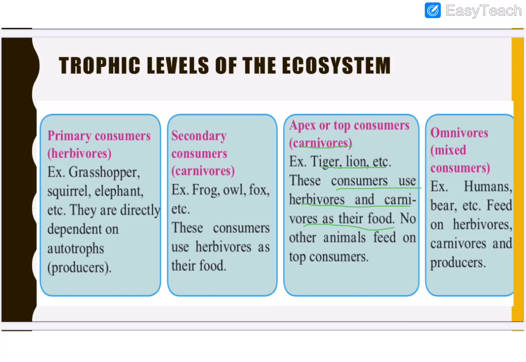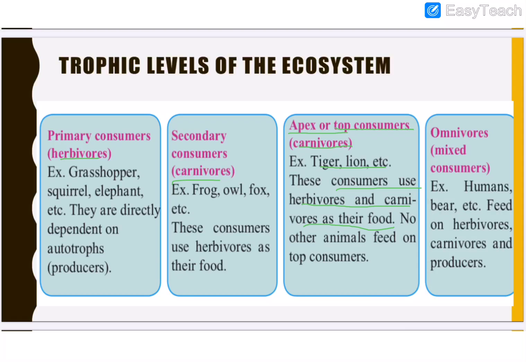Tiger and lion are top consumers or apex consumers, meaning they are the end of the food chain; they are not further eaten by any consumers. Tiger and lion eat both the elephant and fox, deer, so they eat both herbivores and carnivores. So the top consumers, for example tiger and lion, eat both herbivores like elephant and carnivores like fox. So they are the top consumers.